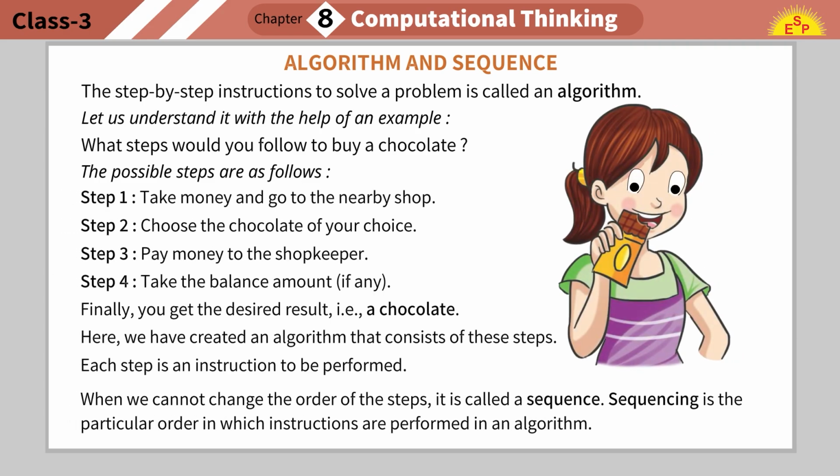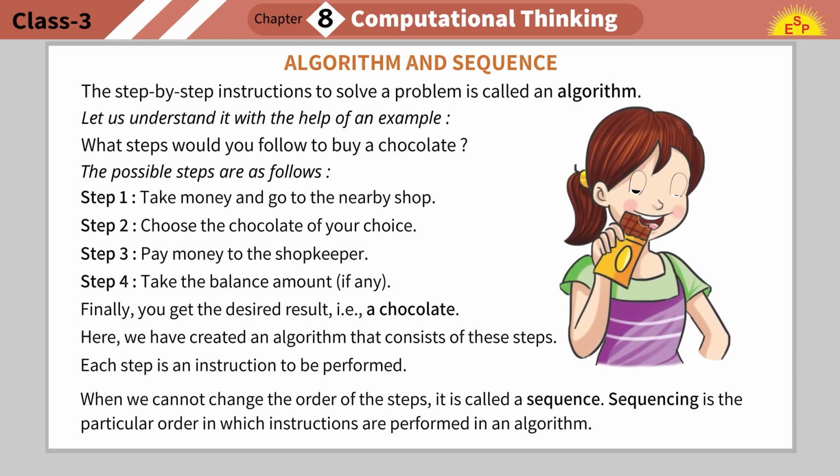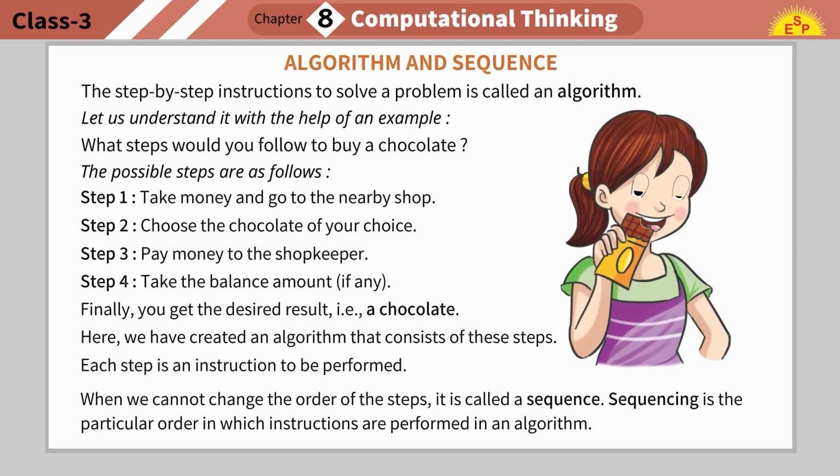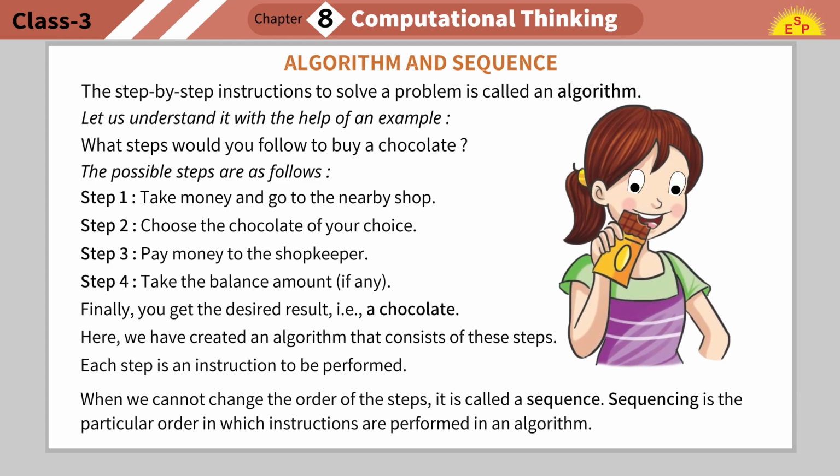Take money and go to the nearby shop. Step 2. Choose the chocolate of your choice. Step 3. Pay money to the shopkeeper. Step 4. Take the balance amount, if any. Finally, you get the desired result, i.e., a chocolate.